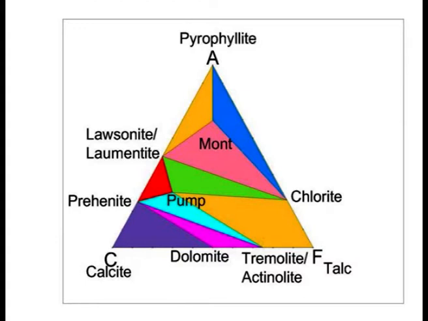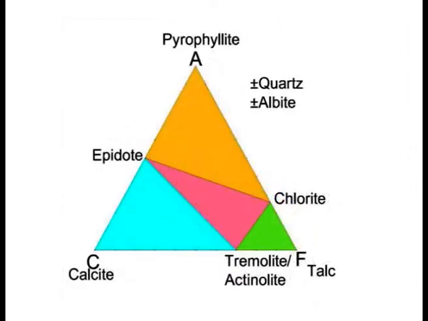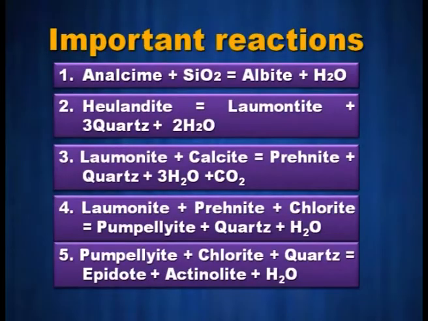With further increase of pressure and temperature, the pumpellyite disappears as the rock enters the Greenschist facies, where it is replaced by actinolite plus epidote. Important reactions: first, analcime plus quartz gives rise to albite plus water. Second, heulandite gives rise to laumontite plus quartz plus water.